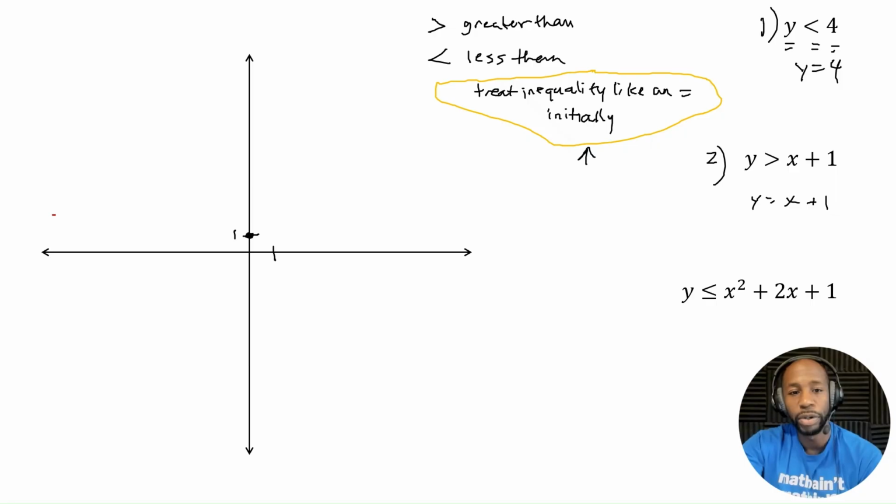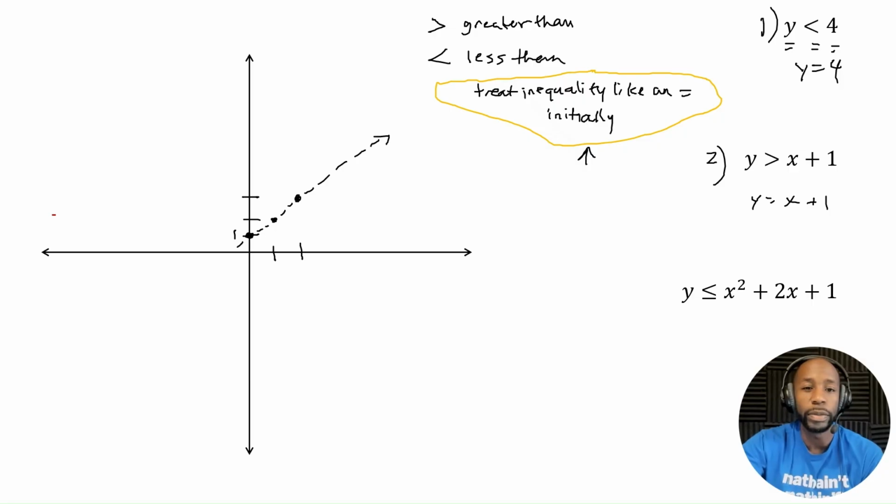So it's going to go up 1 over 1, up 1 over 1, and so on and so forth. Again, this is greater than, not greater than or equal to. So this is a broken line. So remember that. So this is how this looks.